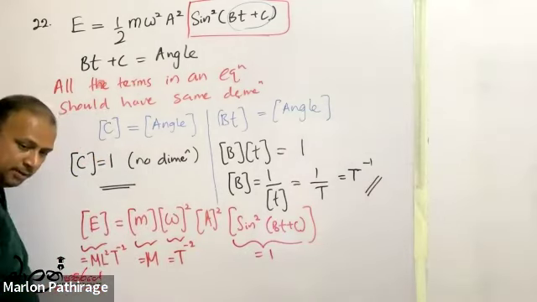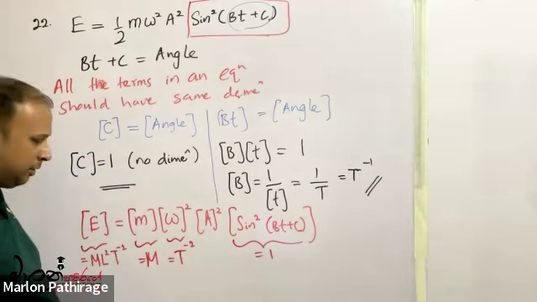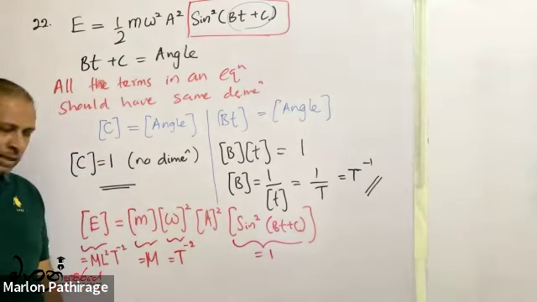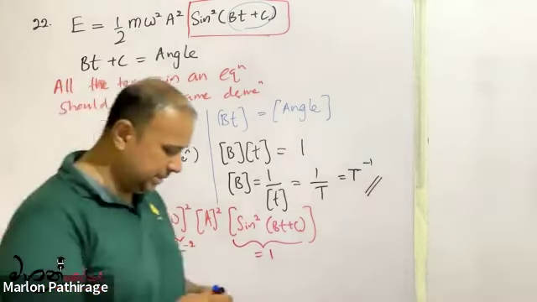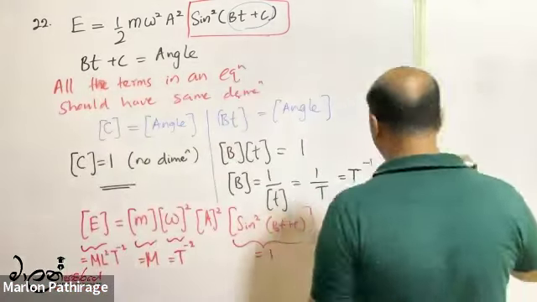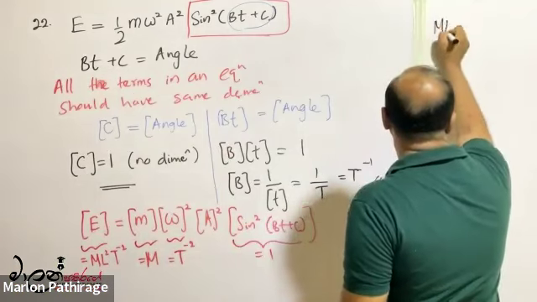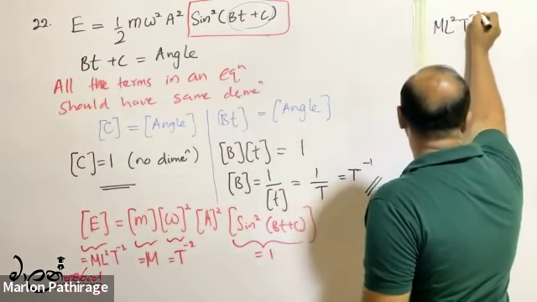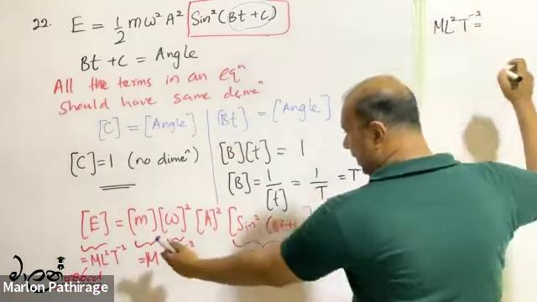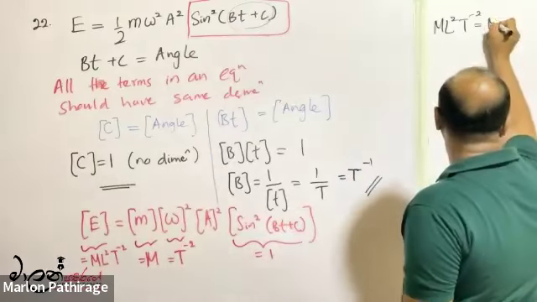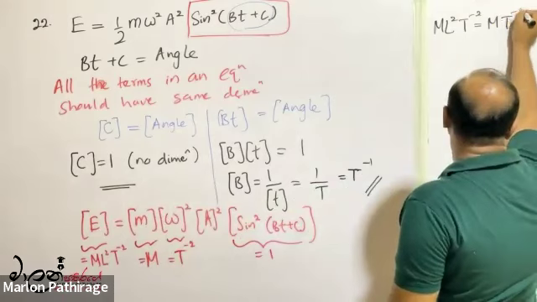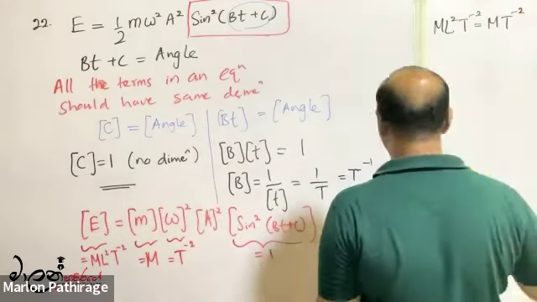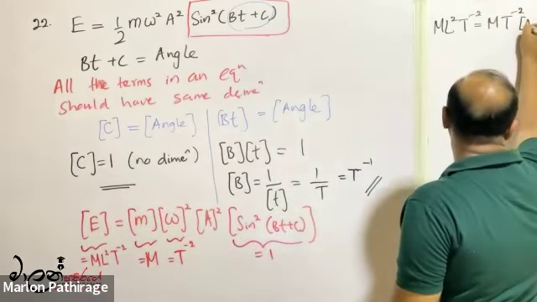You should remember this one. The energy should be M L squared T minus 2. Then I can write M L squared T minus 2 is equal to here M, here T minus 2, then A to the power 2.